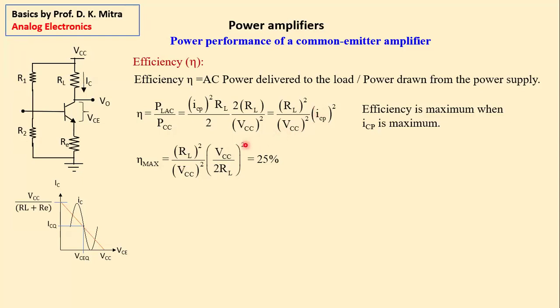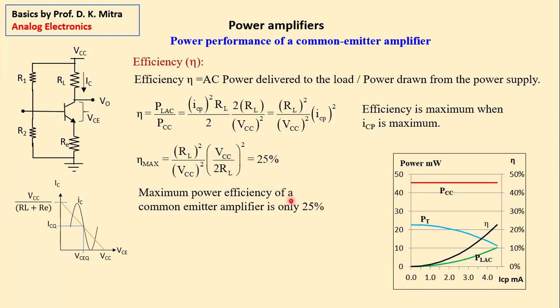And maximum ICP is VCC by 2RL. Already we have derived, this is 25%. That means the power efficiency of this amplifier is only 25%, nothing more. Maximum efficiency of a common emitter amplifier is only 25%.